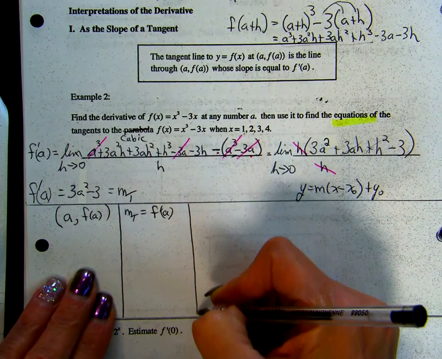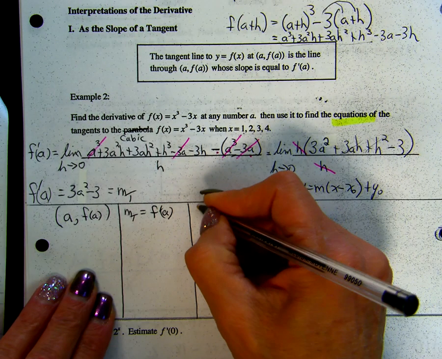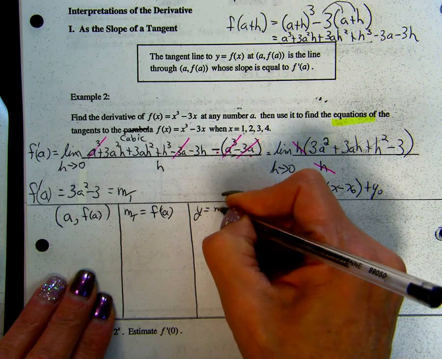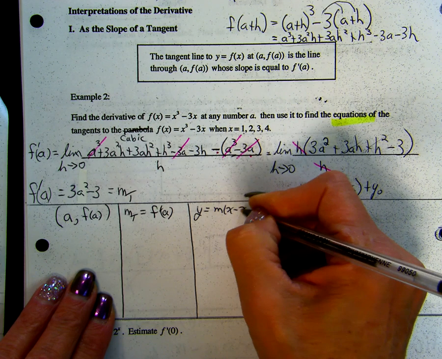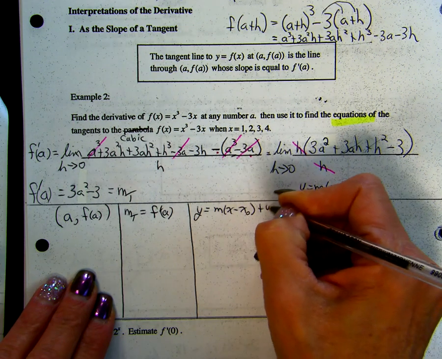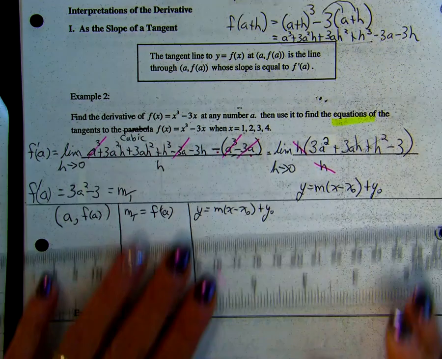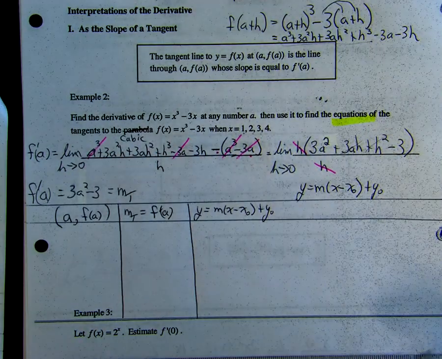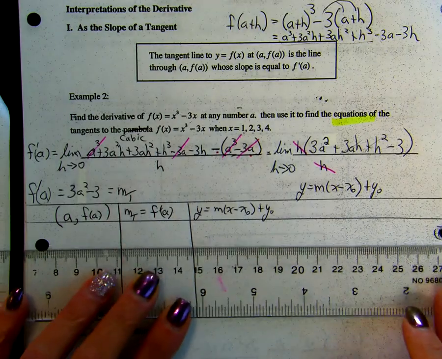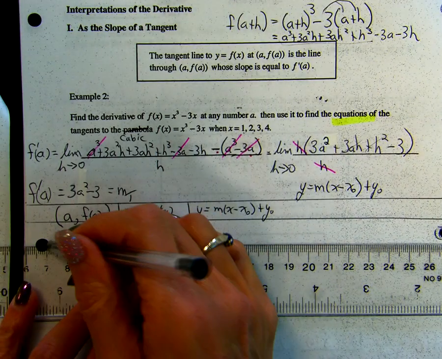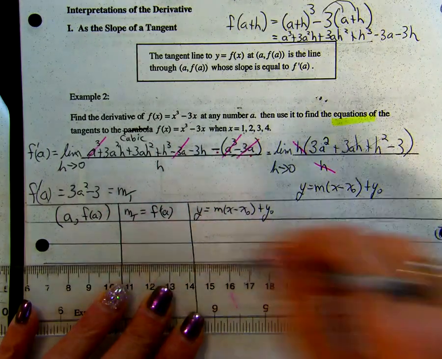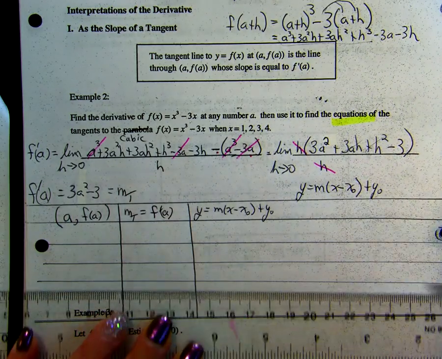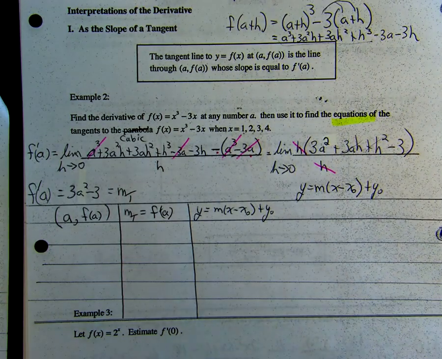And then last of all, we're going to write the equation of the tangent, y equals m, x minus x naught, plus y naught. Okay, so here's the titles of my chart. And I need to do this for x equals 1, 2, 3, and 4.